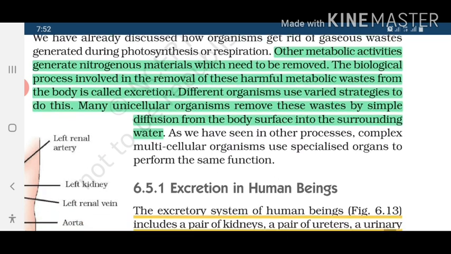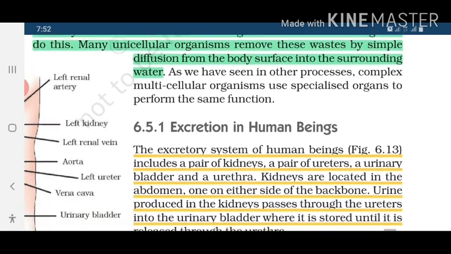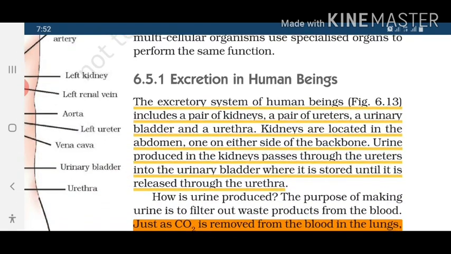Human excretory system consists of a pair of kidneys, a pair of ureters, a urinary bladder, and a urethra. Kidneys are located in the abdomen, one on either side of the backbone.